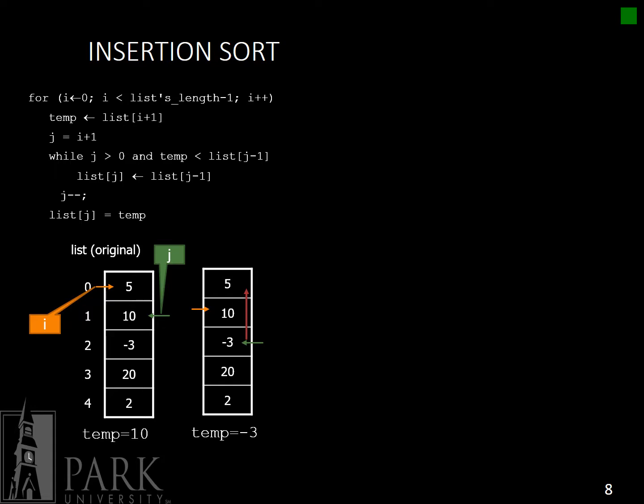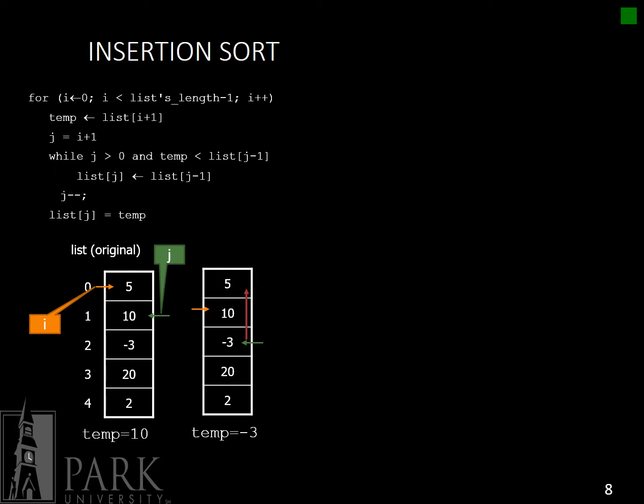So now I is 1. And temp is equal to list I plus 1, so it's -3. And J is equal to I plus 1, so J is equal to 2, right? So right here, J is greater than 0, and our temp value is -3, so it's less than the position before it.